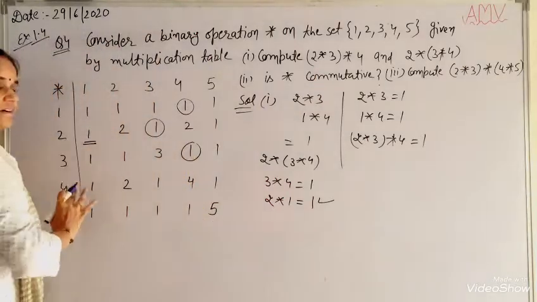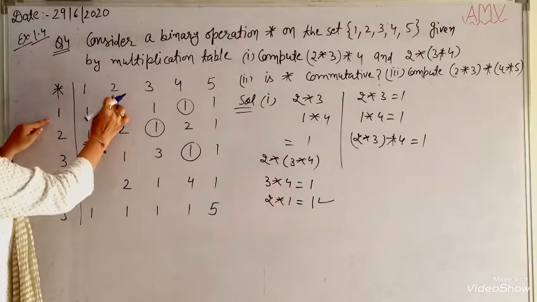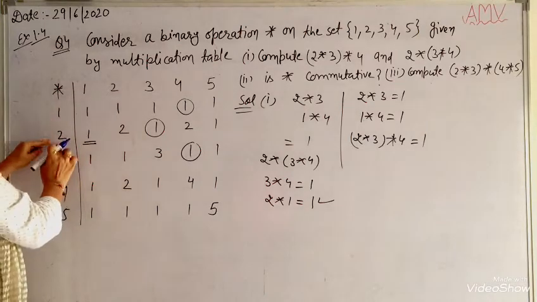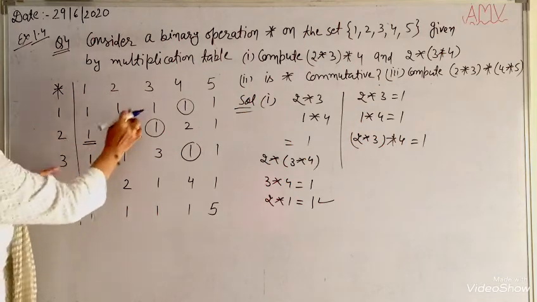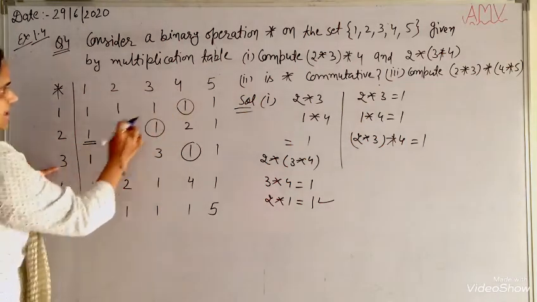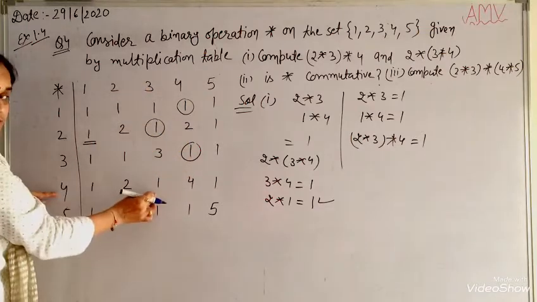See from the table. We see that here 1 star 2 is 1 and 2 star 1 is also 1. Same if you take 3 star 4: 3 star 4 is 1 and 4 star 3 is also 1.